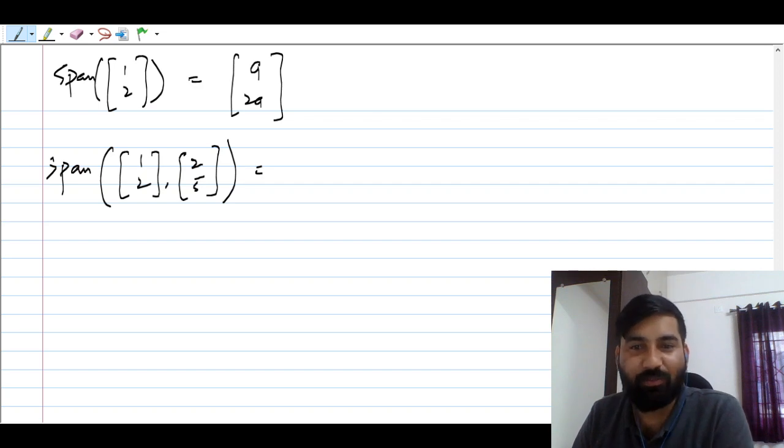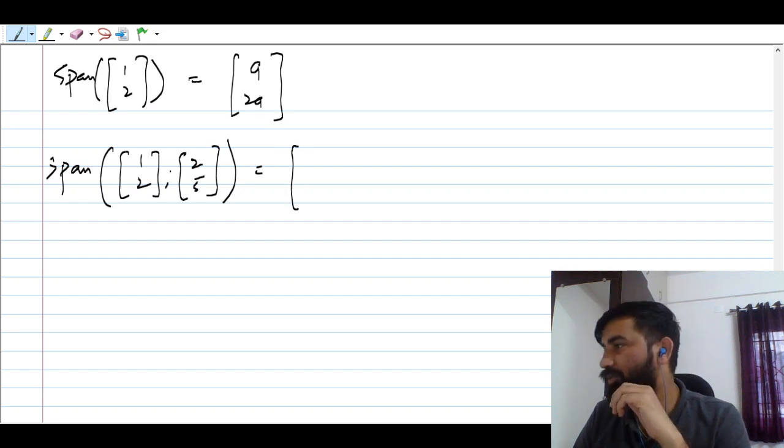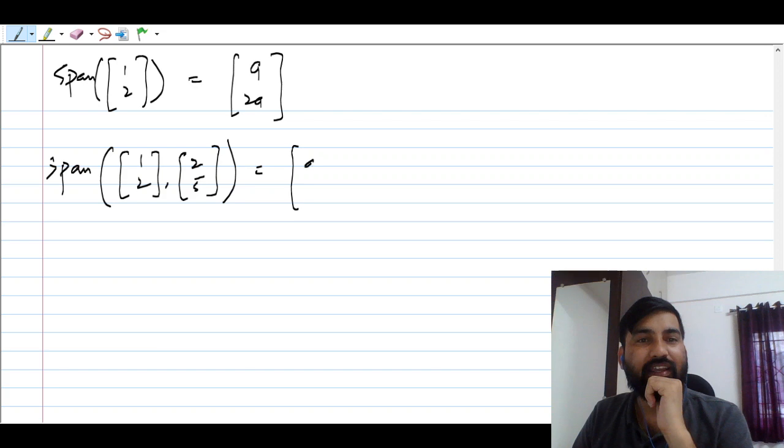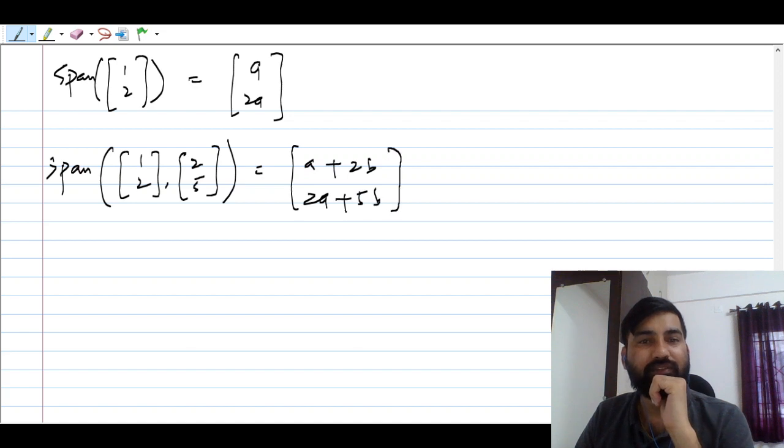You will take the linear combination, obviously, right? You will say you know, a times first and b times second, right? ठीक है, what you will do here? You will say that the span is going to be what? A plus 2b, okay, and 2a plus 5b, right?